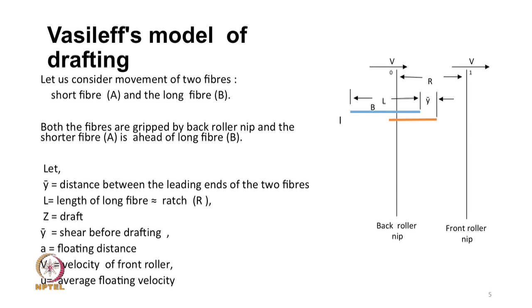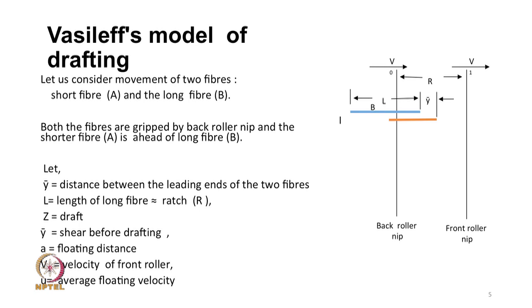There are two fibers shown here, and these two fibers are represented by a blue line and an orange line. The blue line, if you see, is a little longer than the orange line. So, the blue line is a slightly longer fiber and the orange line is representing a shorter fiber.